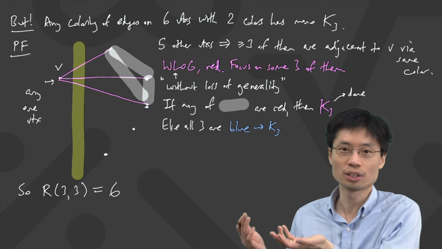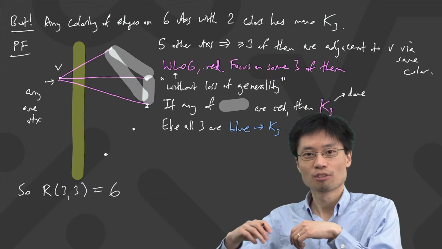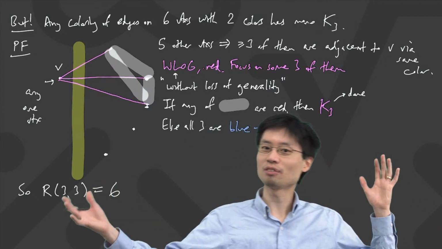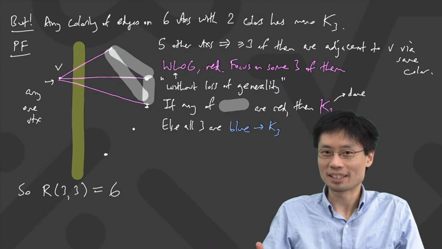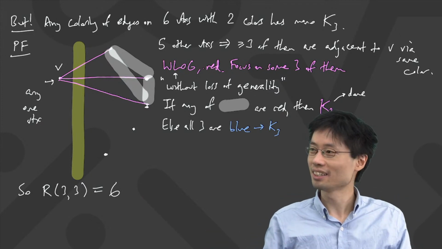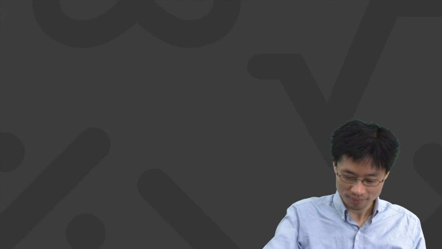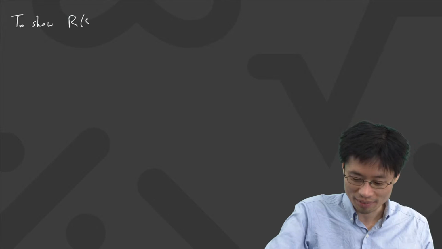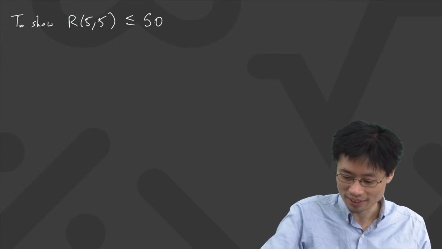So why not just attempt to prove this by exhaustion, finding all the possible colorings of graphs on 50 vertices and showing exhaustively that they always have monochromatic K5s? I actually don't know what R55 is, but to show R55 is less than or equal to 50.